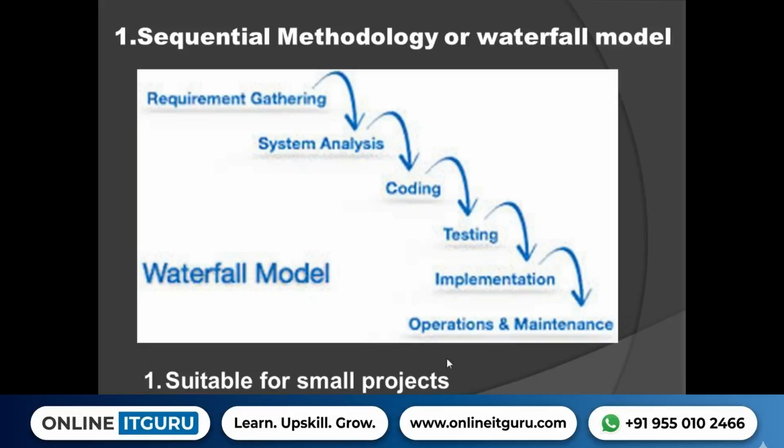And in waterfall model or sequential methodology, the development goes phase wise. It means we are going to develop the first phase and we are going to do a review of the first phase. Based on the result of the review, we will be starting the second phase.